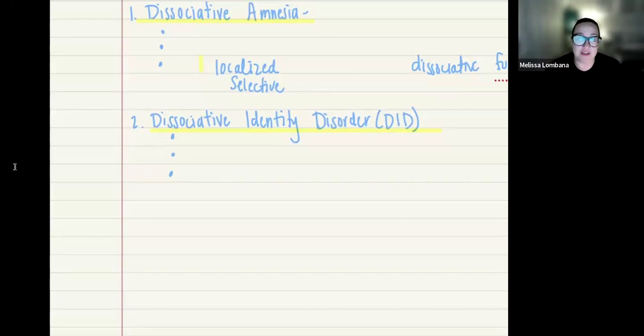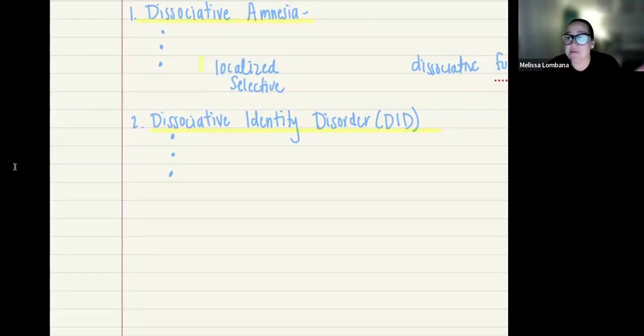So it's quite interesting. However, there's a lot of controversy because what they found is that most cases of DID are only in Western cultures, okay? As opposed to all of the other disorders, most of which are worldwide. And so this is where a lot of people are asking, why is it just on one side and not global, right?